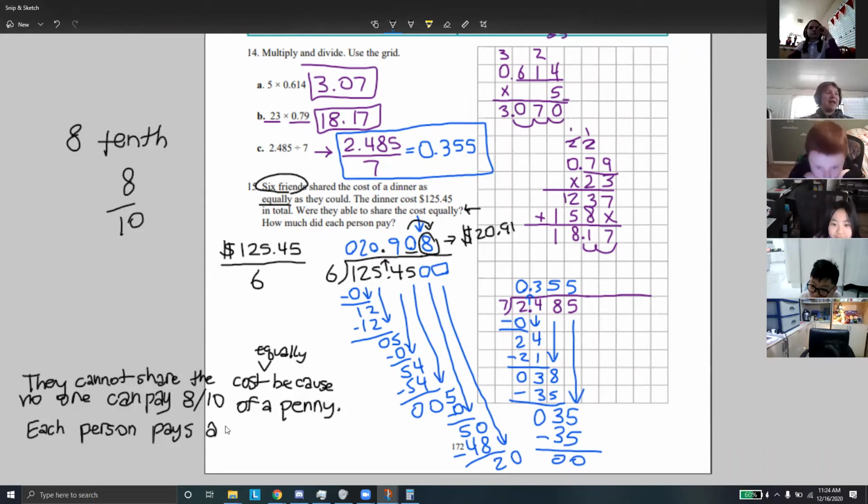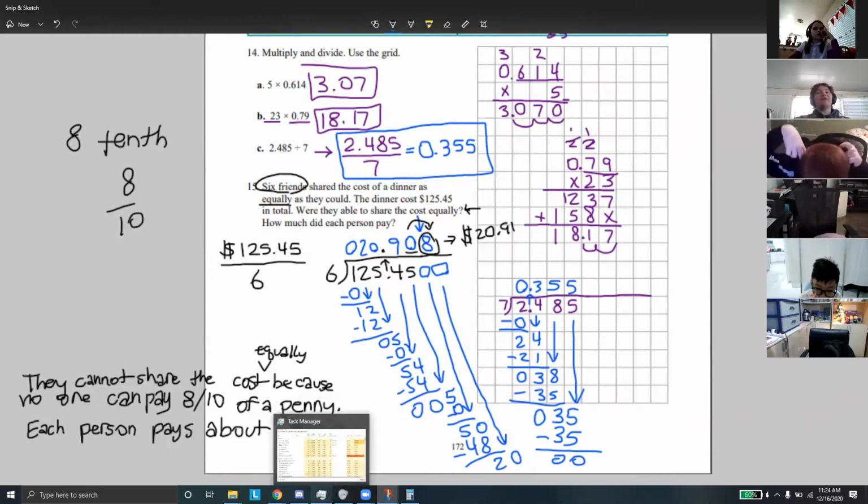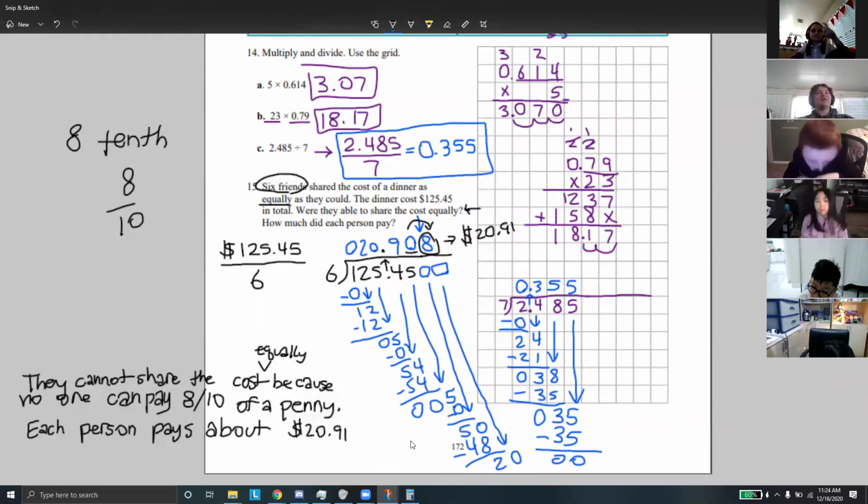Each person pays about, yep, keyword about, very important that you included that, about $20.91. Because if you don't say about, then that person should be able to take your number and use it to land on the moon. If they can't use your number to land on the moon, then it's an about number. You're 1/10 off.